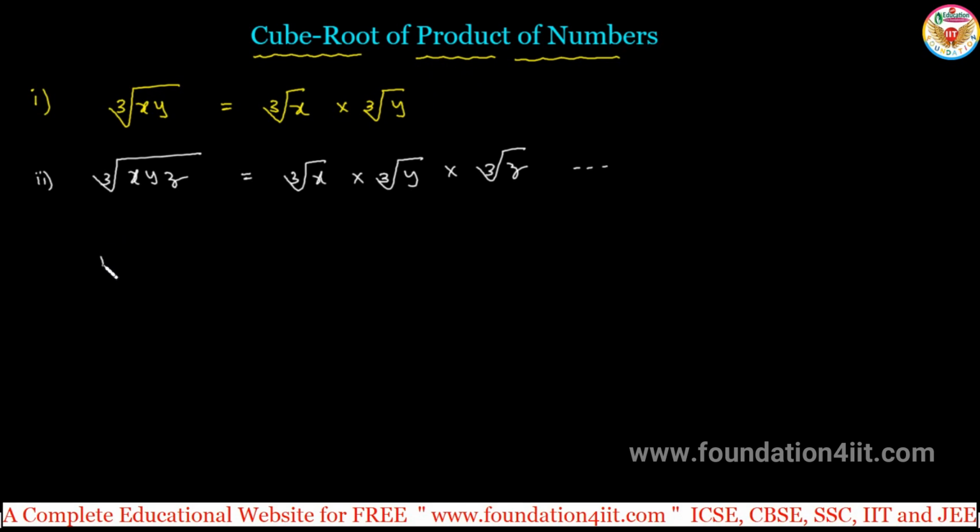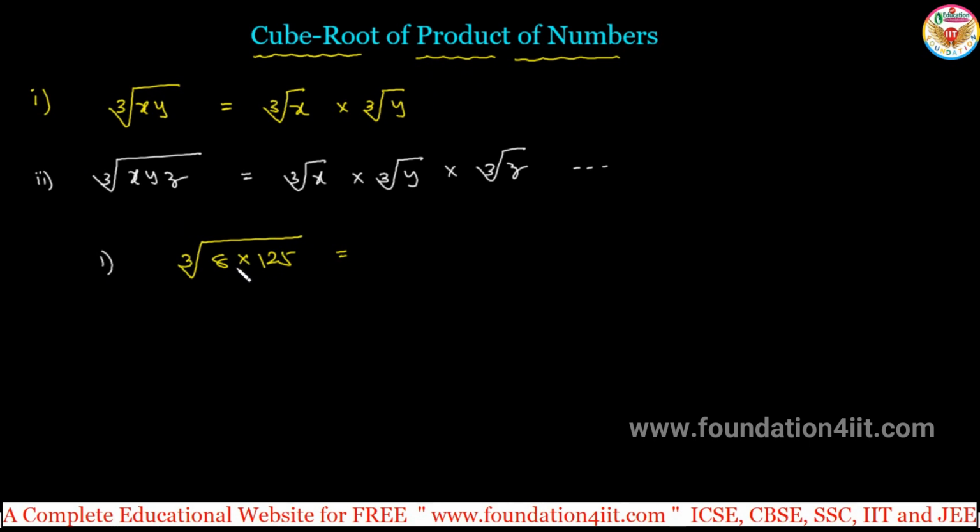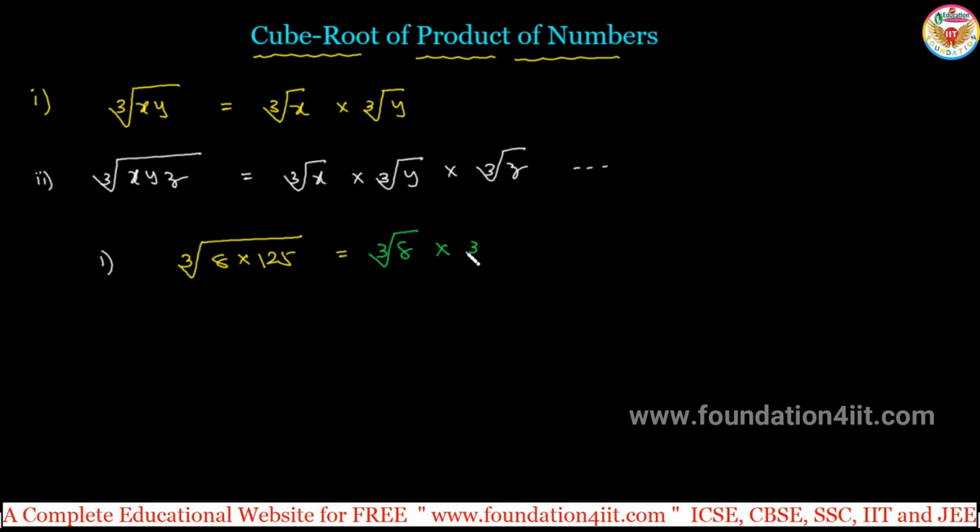Okay, for example, the first question is: find the cube root of 8 multiplied by 125. Don't multiply 8 into 125 and then do prime factorization, that is lengthy. We can make it into parts: cube root of 8 multiplied by cube root of 125. Find them separately.